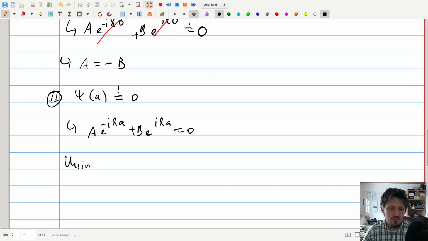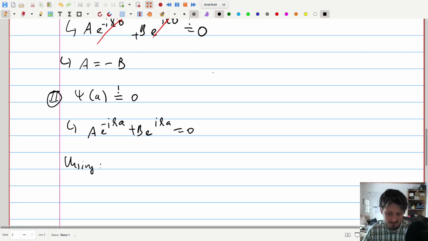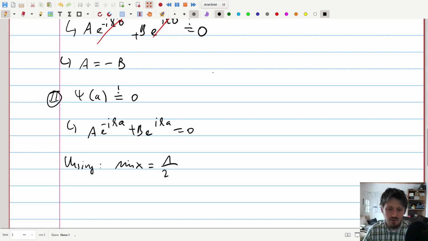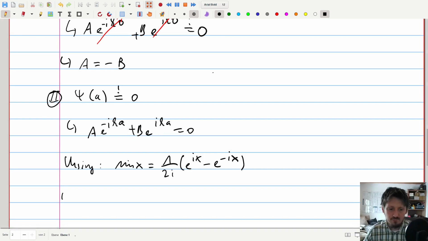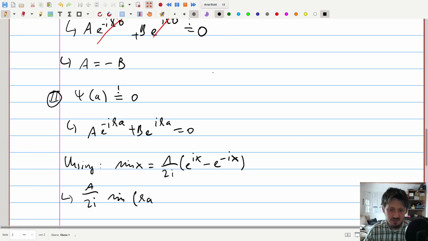So now we can use the following formula, which says that sine of x can be expressed by 1 over 2i times e to the power ix minus e to the power minus ix. Then we can insert that, and this means that here we have a over 2i sine, and then we have to replace that, k times a has to be 0.